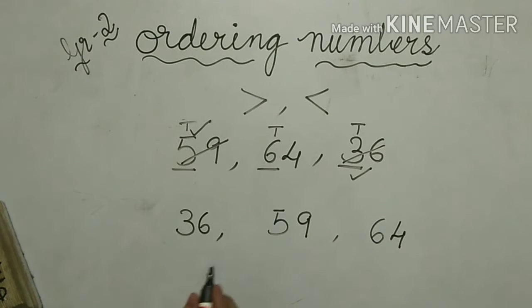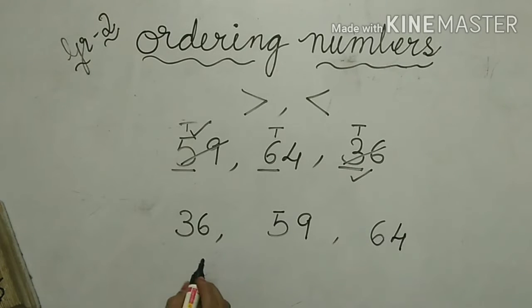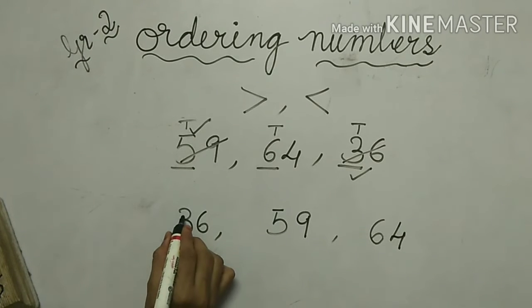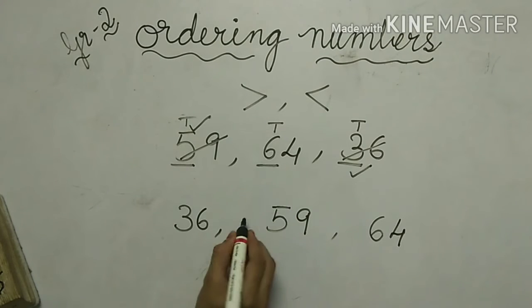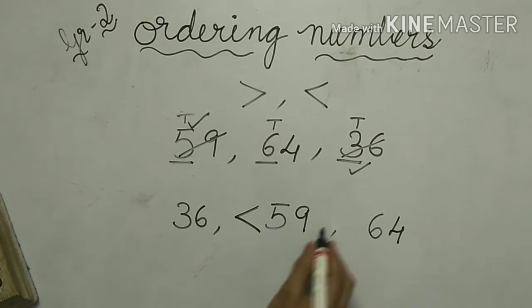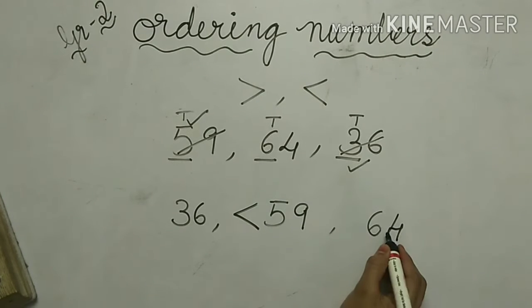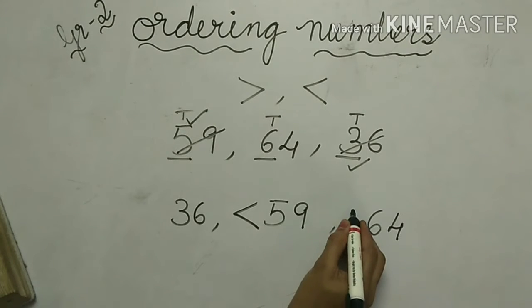Now we are going to use the greater than symbol to order these numbers. 36 is smaller than 59, which means 59 is greater. So greater than. Next 59, 64. Which is the greater number? 64. So we have to keep the symbol open towards it.